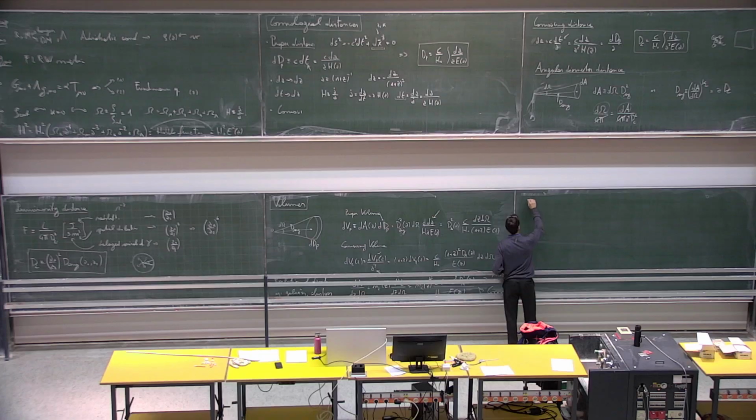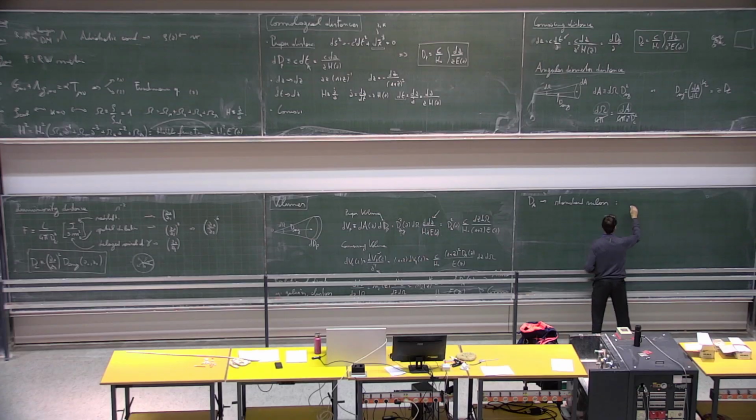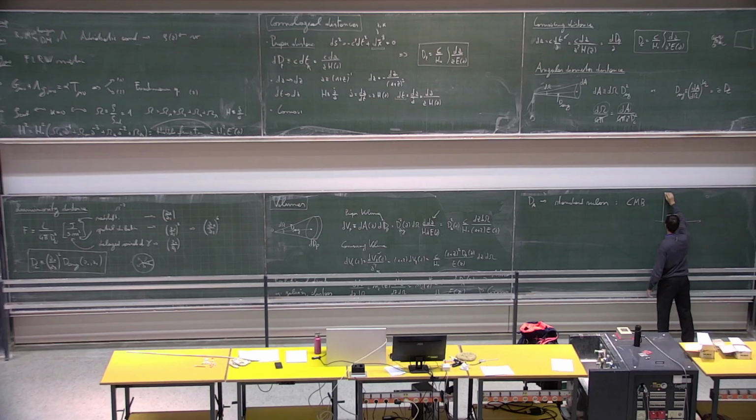So if we go for angular distances, we are using standard rulers. And for example, are the oscillations of the cosmic microwave background. In the intro, I already showed you a plot in which we have a mode.